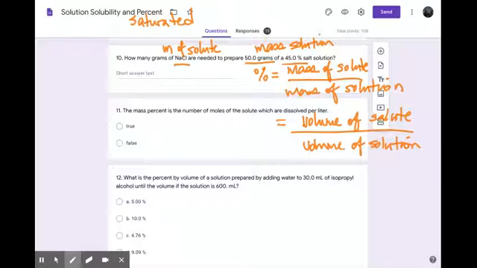Plug those numbers and given information into your formula. Percent equal mass of solute over mass of solution. Percent, 45%, equal mass of solute, which we don't know, let's use X, over mass of solution, 50 gram.